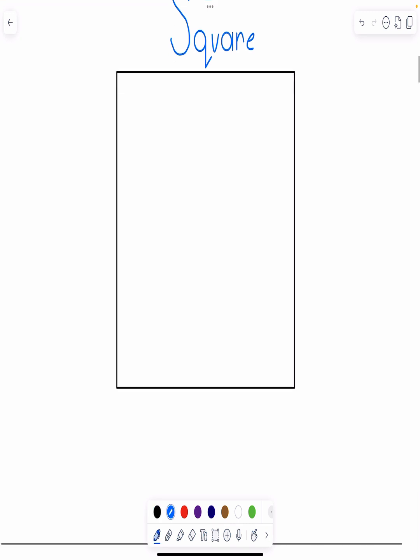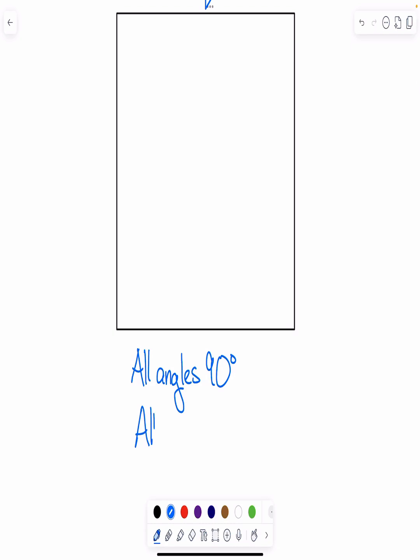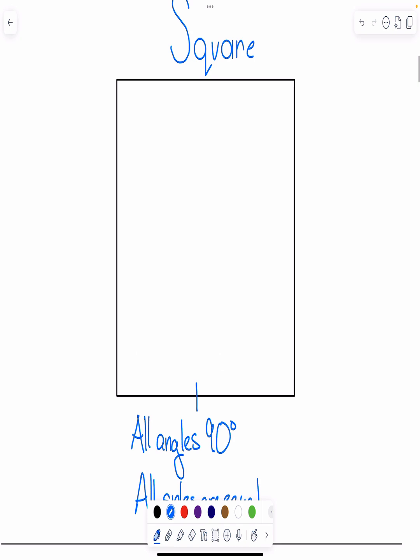A square is a quadrilateral where all angles are 90 degrees and all sides are equal. We would denote equality by slashes, and we would denote 90 degrees by the 90-degree symbol.